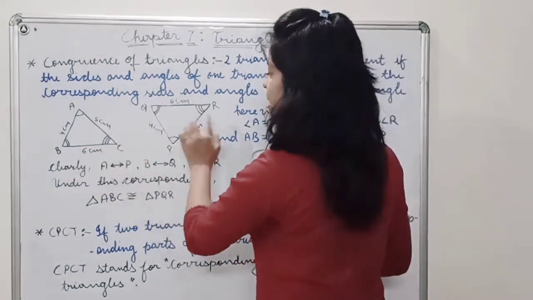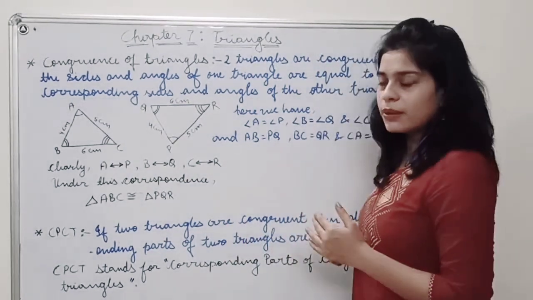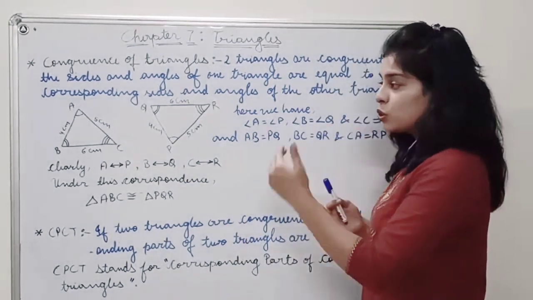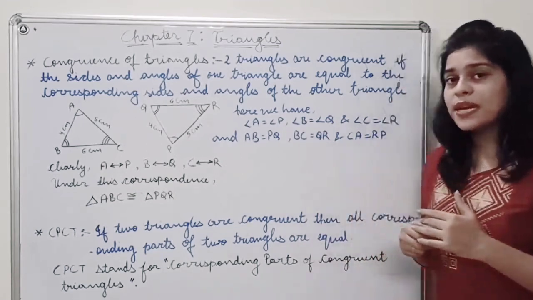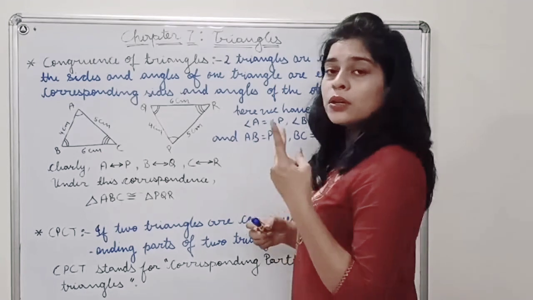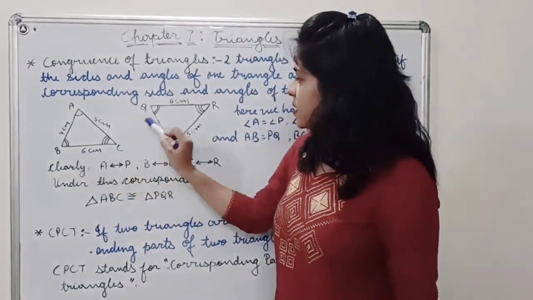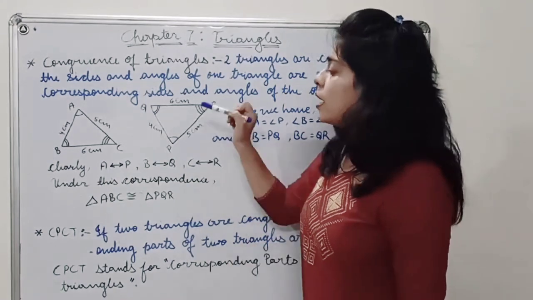BC equals RQ will not be correct. I am telling how to write the equal sides and equal angles if we know the corresponding vertices of the two triangles. So BC is equal to QR.